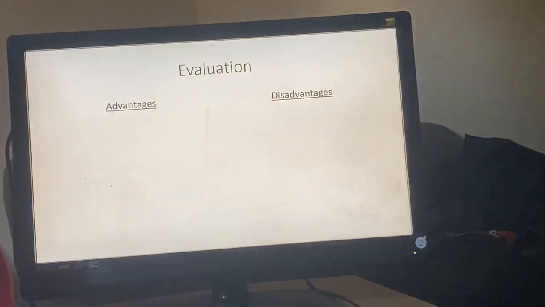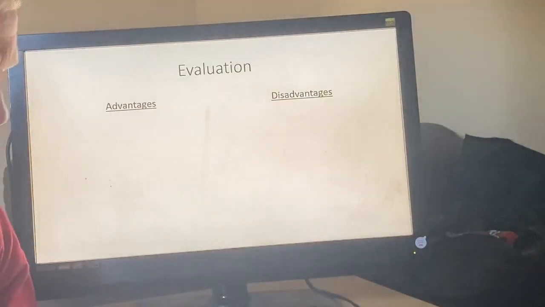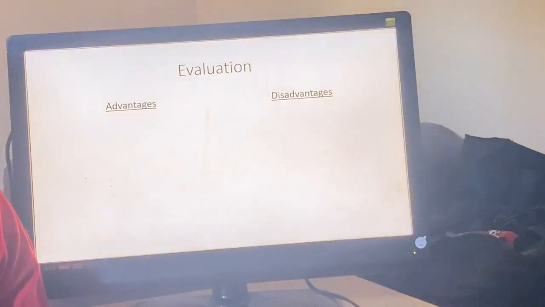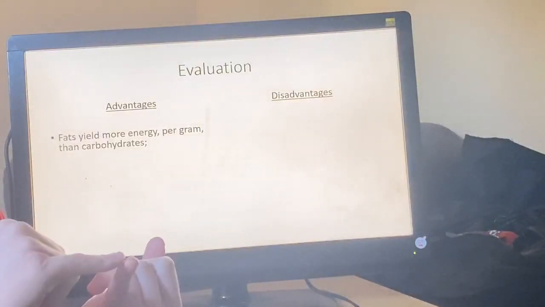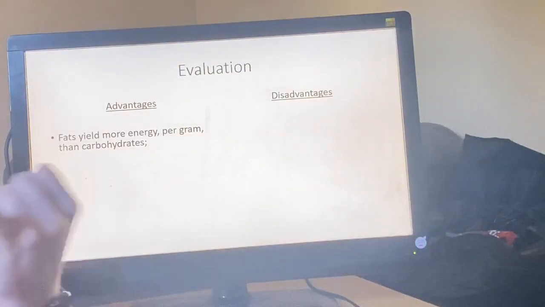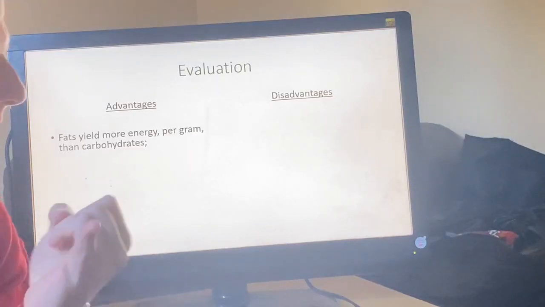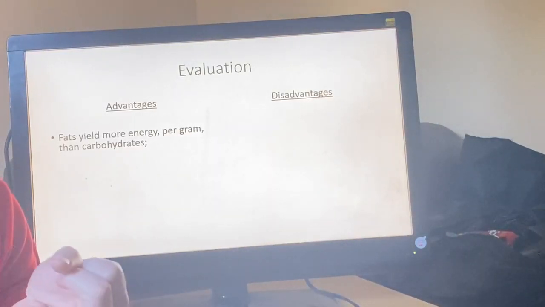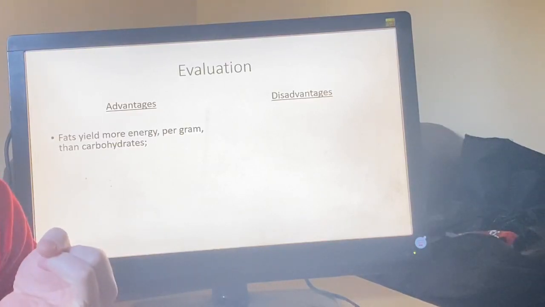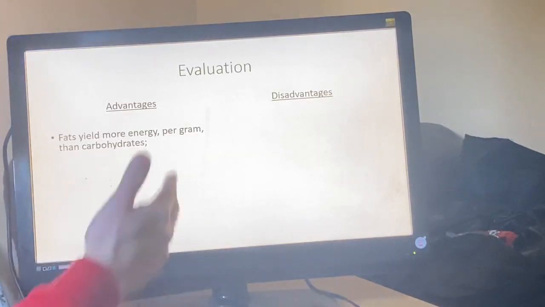So the advantages: we clearly saw that when I break down fats, I end up with 34 ATP. Let's compare that to carbohydrates. When I break down carbohydrates, I only get 2 ATP. Let's say that's per gram.